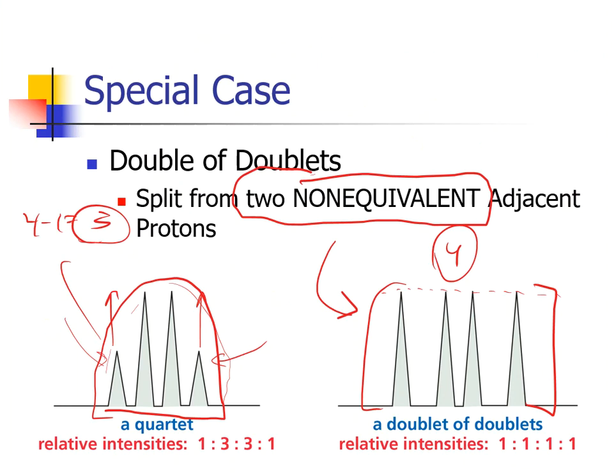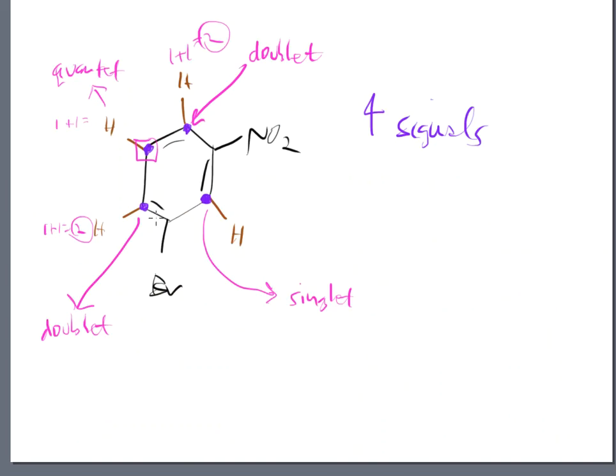The only way this happens is if the hydrogens that make that quartet are non-equivalent. That is what we are after. So if we look at this example problem, just like we did with A, this is a different signal. That one at the top is a different signal. So therefore, they are non-equivalent. And that means that, yes, this is a doublet of doublets that we have here.